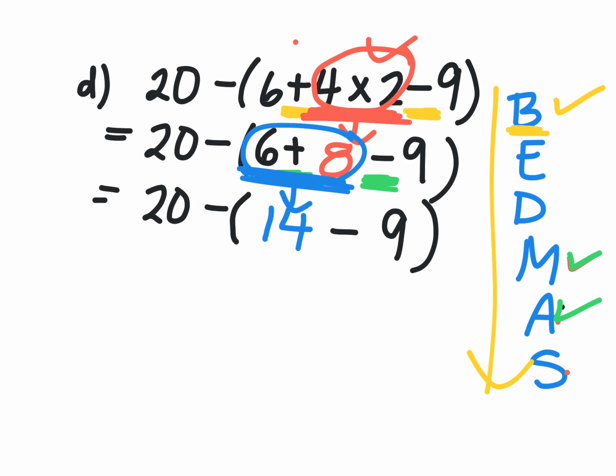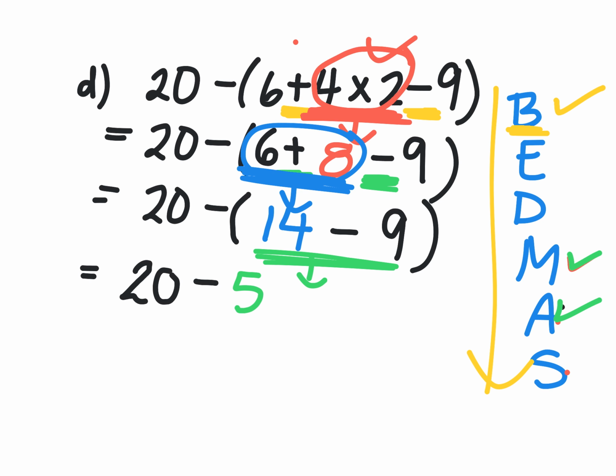So what do I write first on the line? 20. We haven't done anything with the 20. 20 minus bracket 14 minus 9. I'm not going to write 14 minus 9 again. We're actually going to calculate it now. We're writing the answer. What's 14 take away 9? 14 take away 9 is equal to 5.